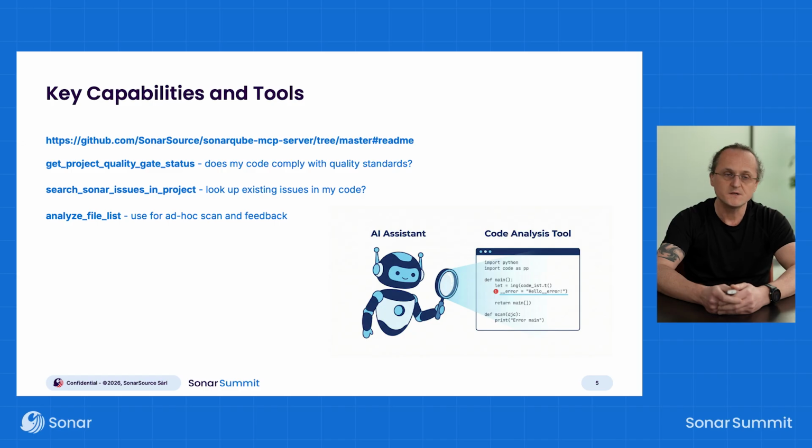Another one which is hugely useful as well is analyze file list. Typically in a software developer workflow, the developer will submit some kind of code. The code will be scanned typically as part of a CI/CD pipeline, and then the results will be submitted to SonarQube, and the quality gate will make an assessment and tell us whether quality standards have been met.